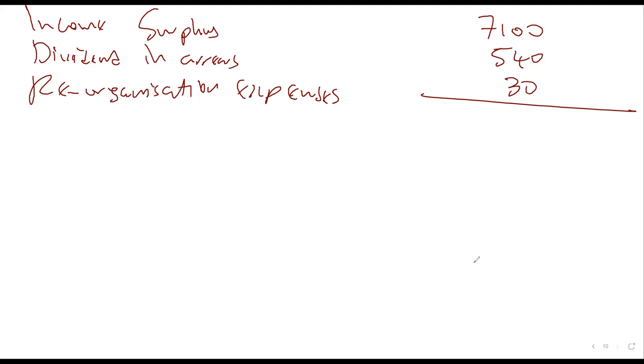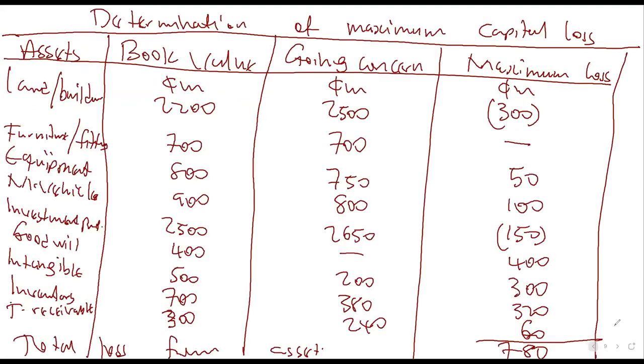You add everything together, starting from the total loss from the assets, 780, from the other page.